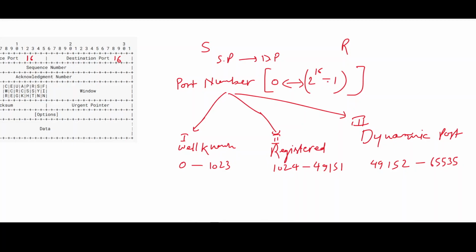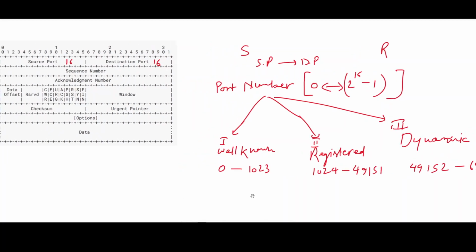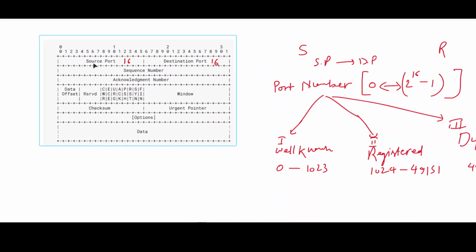So don't wait for this. If you send any data, there is no availability of alphabetical numbers.